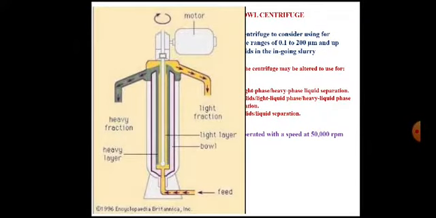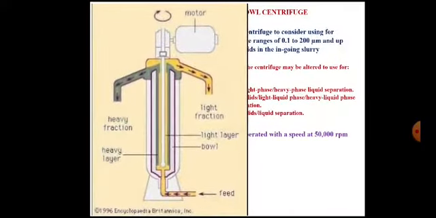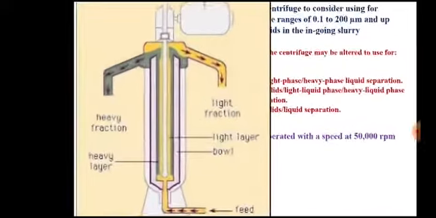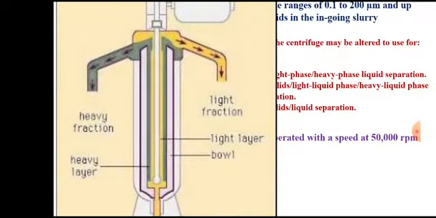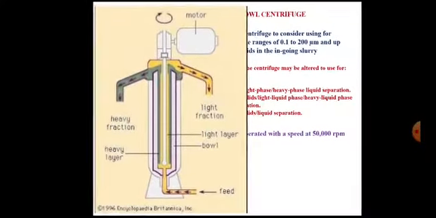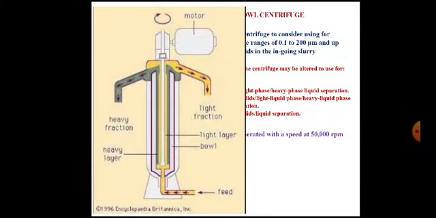This is again a little simple diagram which shows the separation. You can see the yellow color liquid is light liquid phase, which is gathered at the center, and the heavy liquid fraction is at the outermost part or along the wall of the rotor.